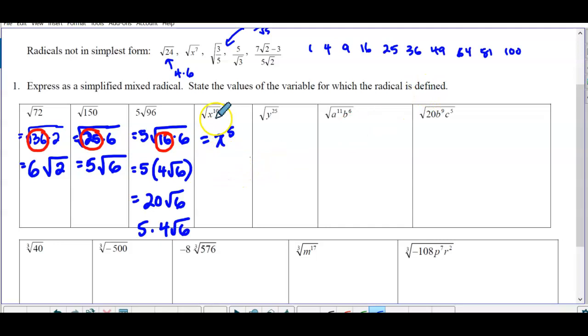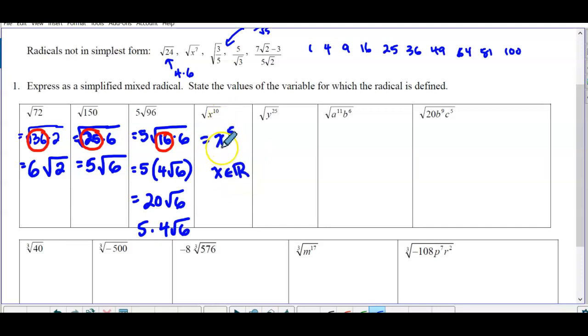State the values of the variable for which the radicand is defined. Here, because we are raising x to the exponent 10, it doesn't matter if x was negative or positive. It will end up being a positive underneath, and so you can take the root of it. So x can be an element of the set of real numbers.